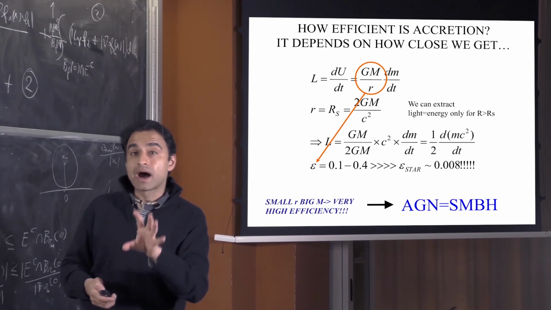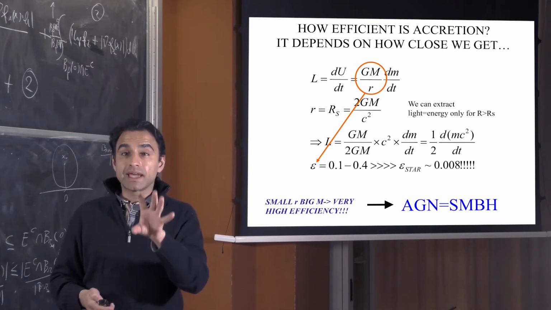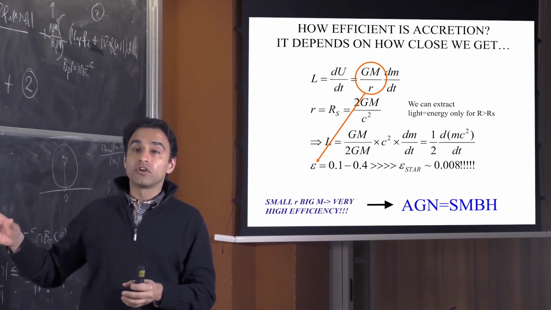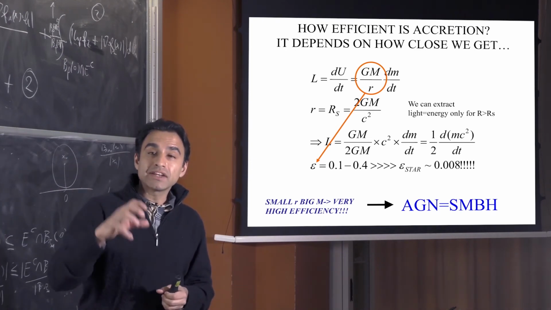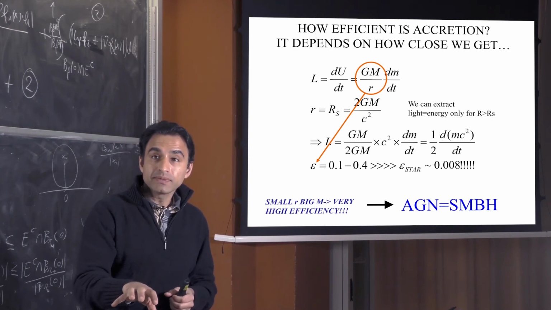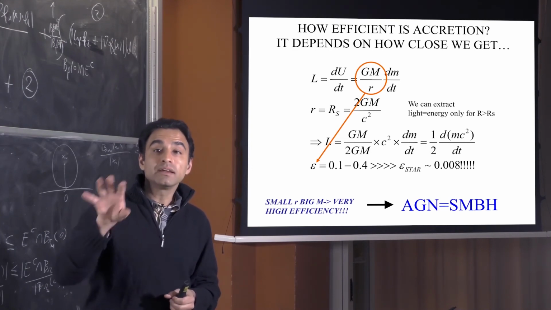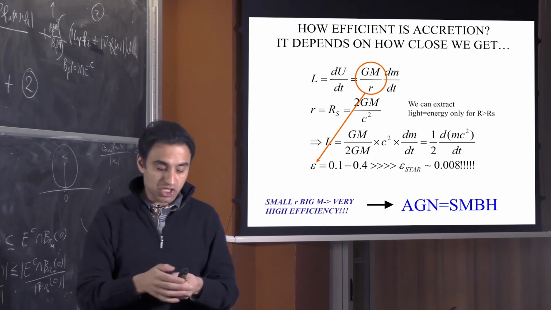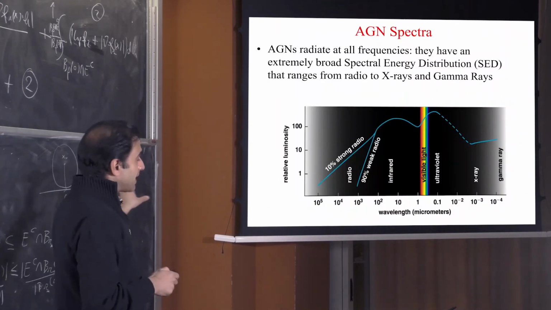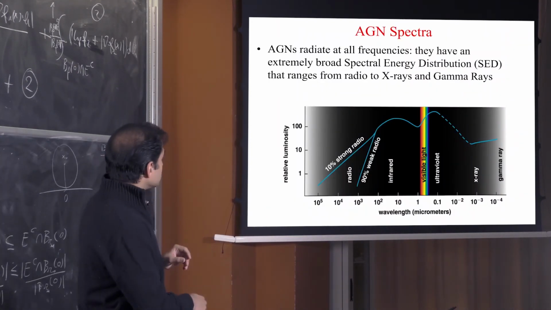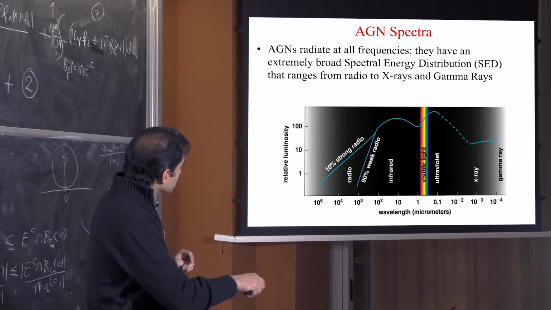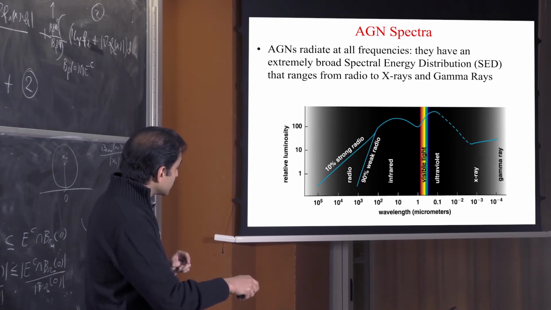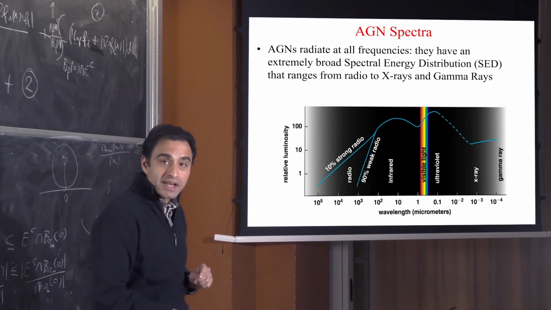So this is the reason why astronomers believed that the loss of energy of incoming gas, for example, going towards the black hole can generate so much energy that it can explain the luminosity coming from an AGN. Let's go back to the AGN spectra. So as I told you, the spectrum of an active galactic nucleus is extremely broad, from the radio to the gamma rays. What is producing all this energy?